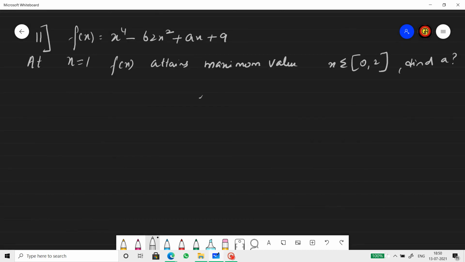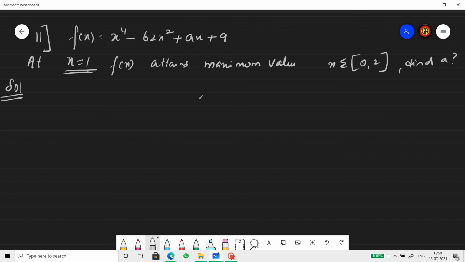f of x is equal to x power 4 minus 62x square plus ax plus 9. At x equal to 1, f of x attains its maximum value. x belongs to 0 to 2, find a. Now, just think, where do I get this x from generally? Any x values that I generate come from f dash of x, because f dash of x is equated to 0, and from there only we get x values.